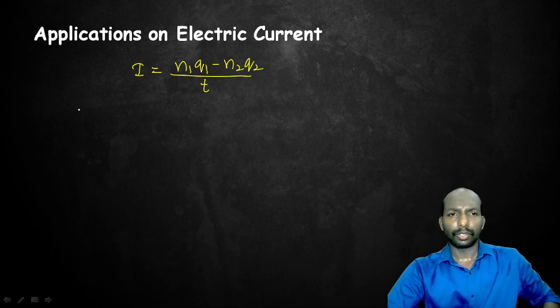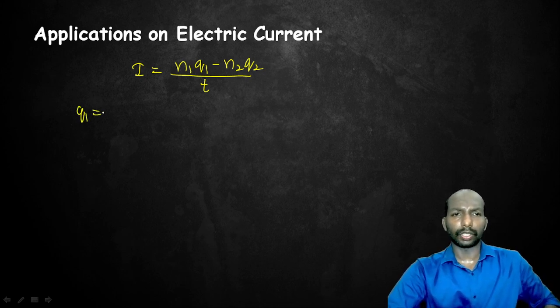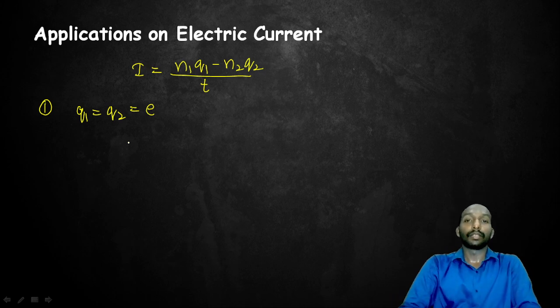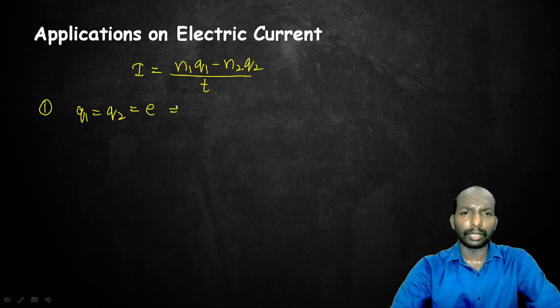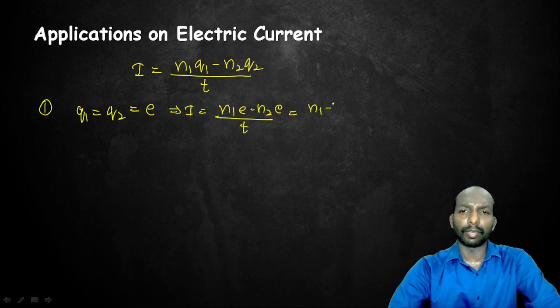Let me take some conditions here. Suppose q1 equals q2, case 1, equal to e. Some protons are moving. In this case, I equals (n1 e minus n2 e) by t. This gives (n1 minus n2) e by t.